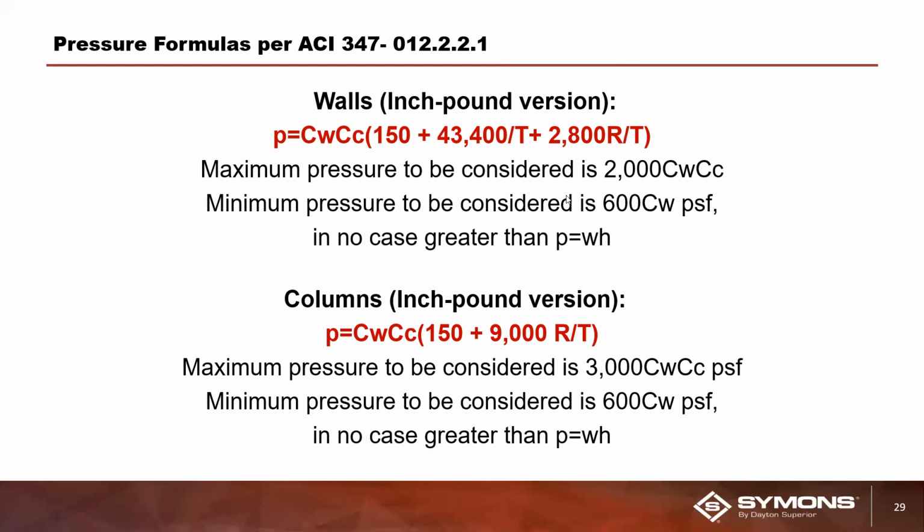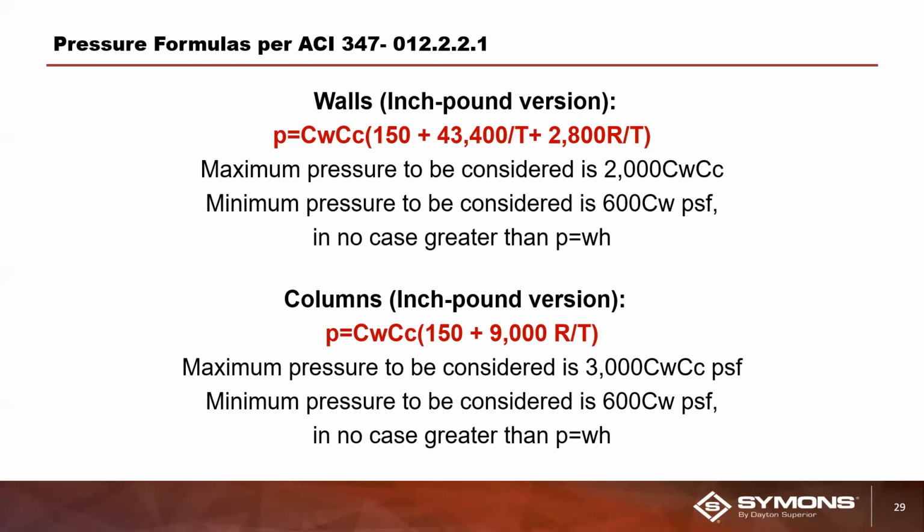Now we use the formula P equals WH. That was the simplified formula because most contractors, like myself, typically find it much easier to use than the ACI formula, which in a wall version will give you the maximum pressure to be considered, which is 2,000 pounds per square foot.